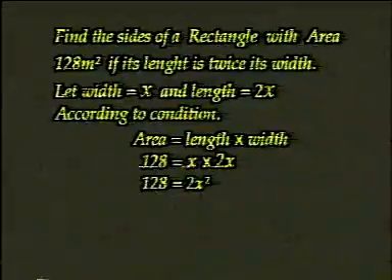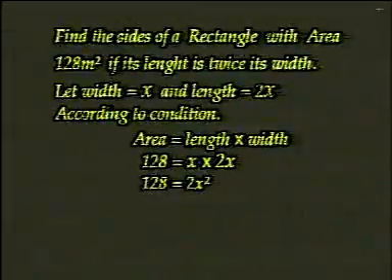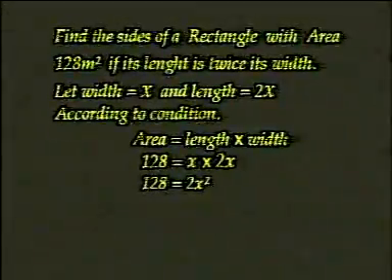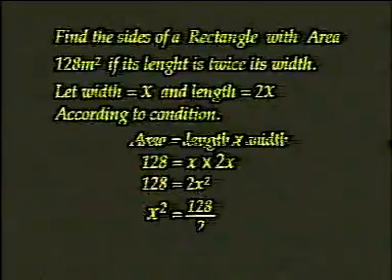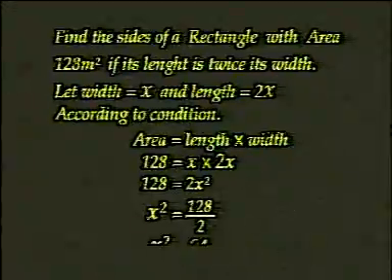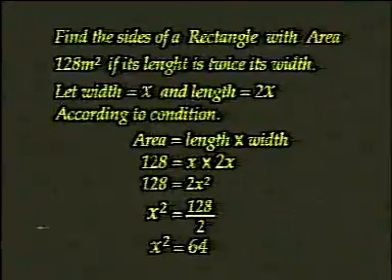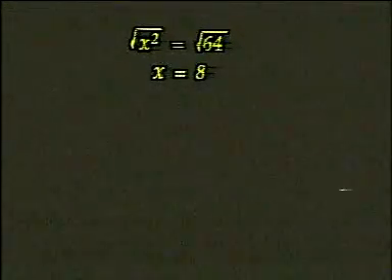Now we will simplify. 128 is equal to 2x square. x square is 128 divided by 2. x square is 64. Taking square root on both sides, x is equal to 8. So the value of x is 8.